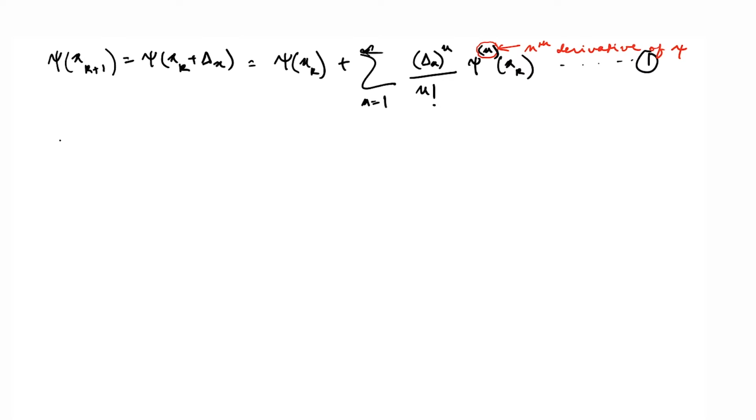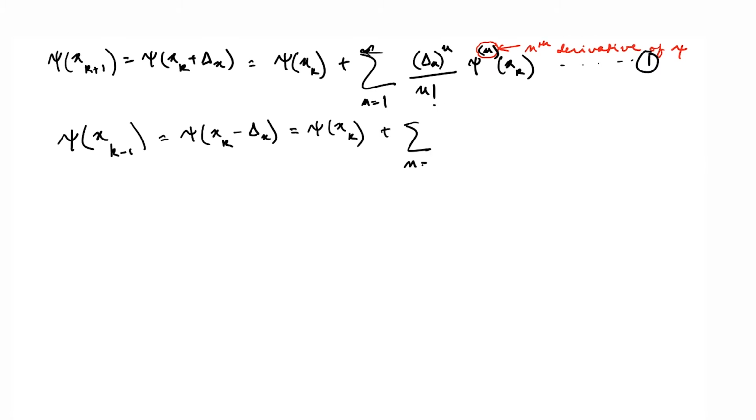In a similar way, we can write psi at x k minus 1, that is psi at x k minus delta x. This will be the same except with slight changes. The first term is psi x k, and then we have the summation n equals 1 to infinity.